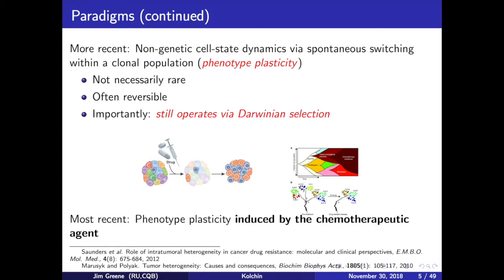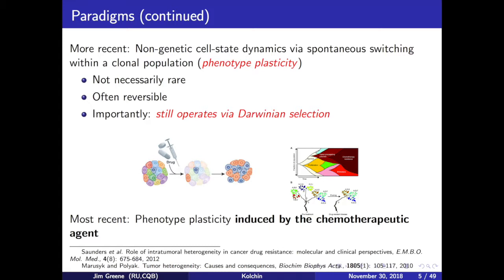But again, this is still random switching between sensitive and resistant. This is still basically selection, right? It's just becoming resistant by a different mechanism. So it's still just Darwinian selection. Again, this is important though, because maybe it's not necessarily rare. Genetic mutations are thought of as rare events that don't occur that often.